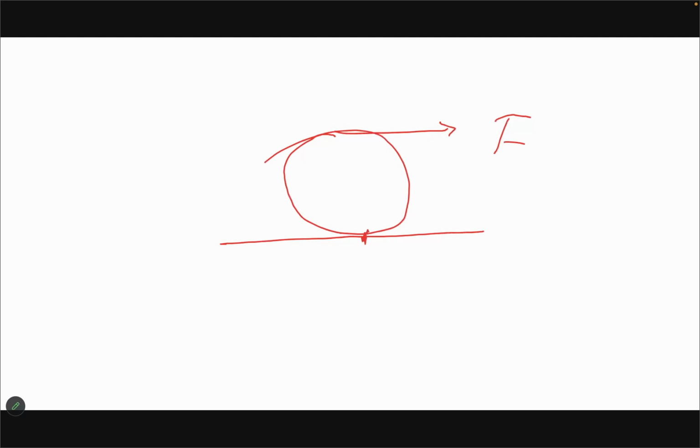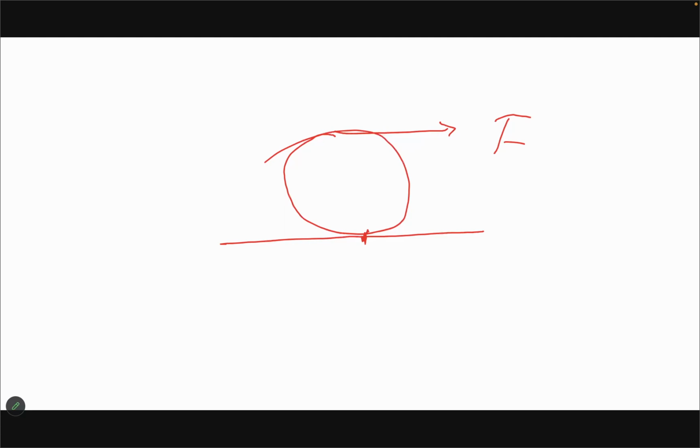A ring of mass and radius r pulled from top, friction will act at bottom in which direction? Sure? Think about it. I'm pretty sure it won't act there. It won't act per se.